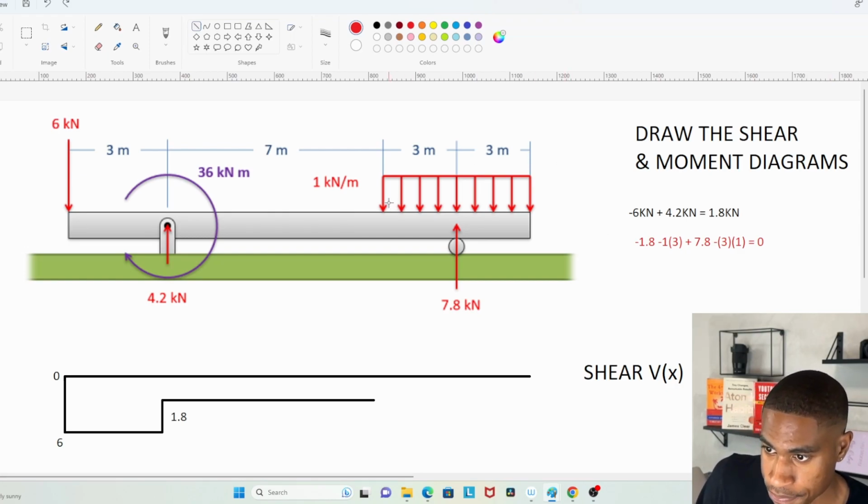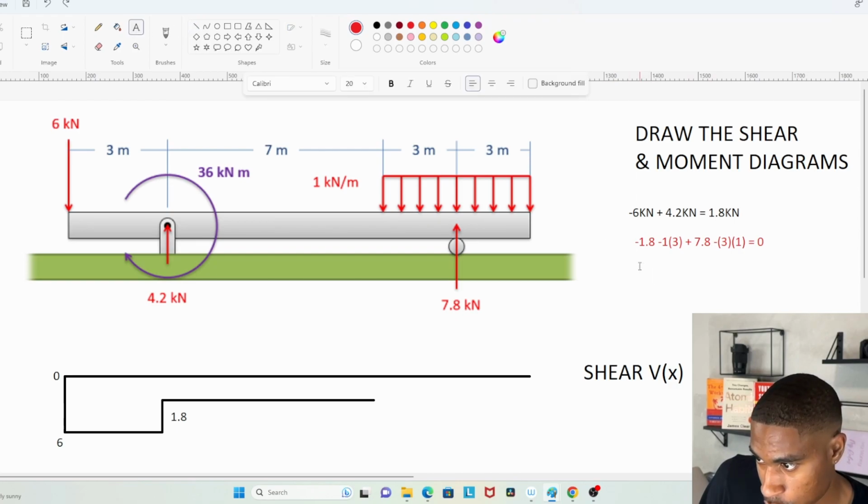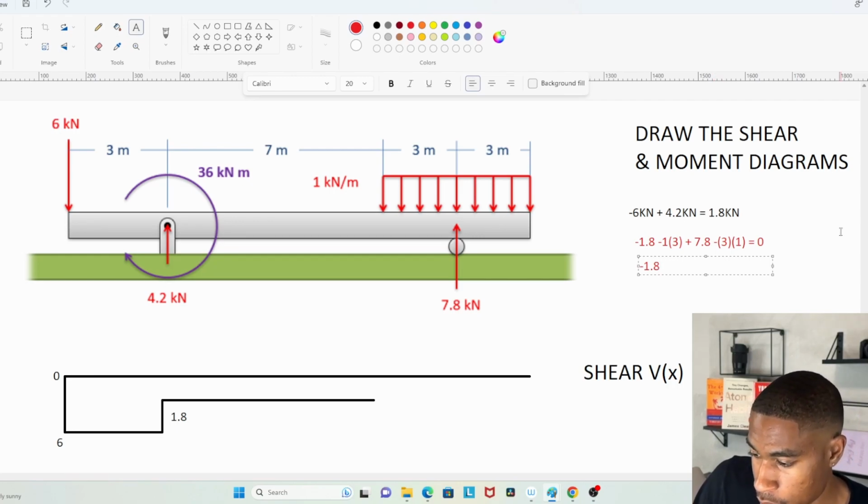So our shear, we have to show it at important points. So we'll do from the distributed load to the roller, which would be the negative 1.8, right? Because that's where we're starting. And then it would only be minus 1 times 3.